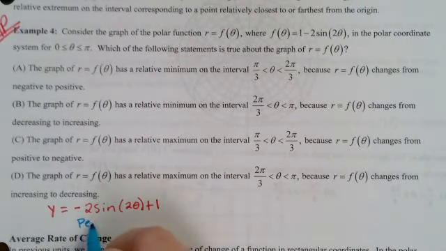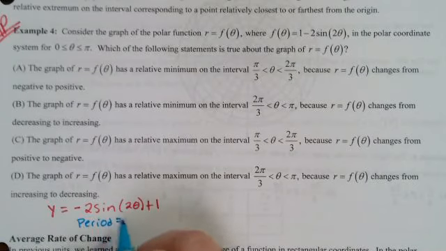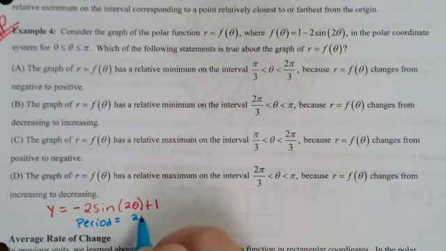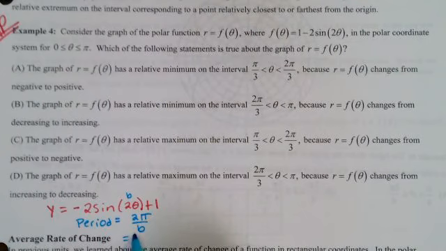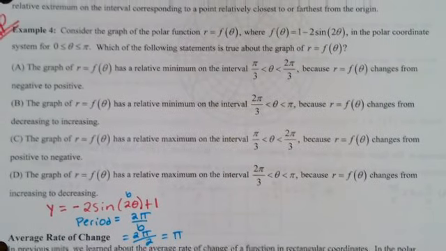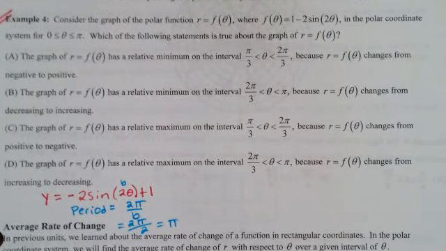The period we can calculate with the equation 2 pi divided by b. If your b value is 2, then this is 2 pi divided by 2, and that's just pi. So I know that for my graph, when I'm sketching this out, I should only draw it out to pi, okay?